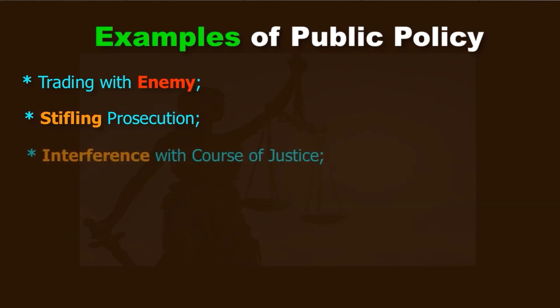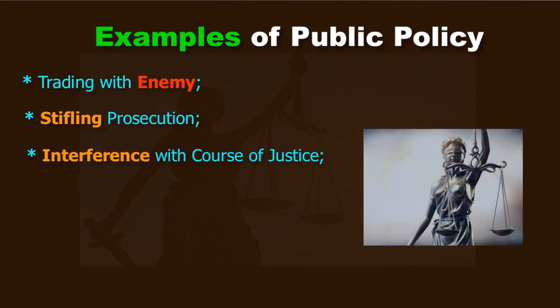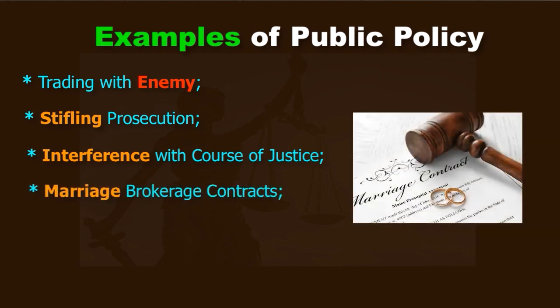Next one is interference with the courts of justice. By any means, if someone tries to influence the court of justice through threat or bribe, that is again not allowed, and that is covered under public policy. Next one is marriage brokerage contracts.